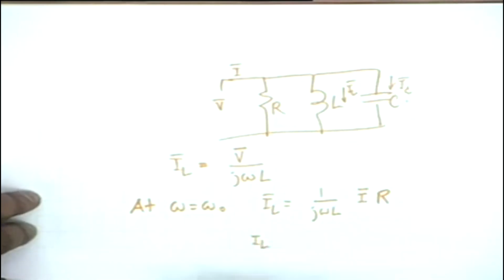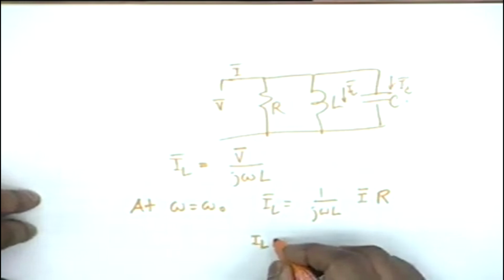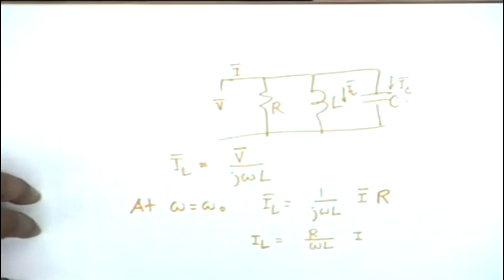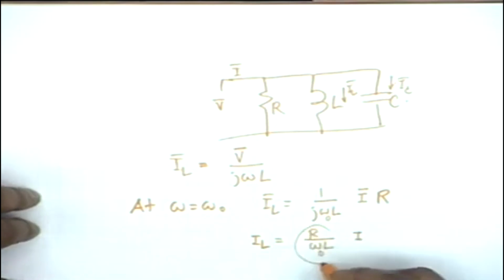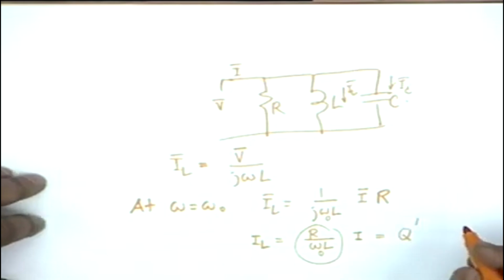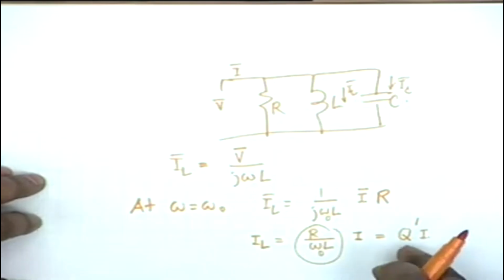Now you notice that the magnitude, if we are talking simply of the magnitude, is R by omega naught L times I. And if I call this Q prime, you see that at resonance the current in the inductor, and in a similar manner the current in the capacitor also, can be written as a constant Q prime times I, which could be as large as infinity.